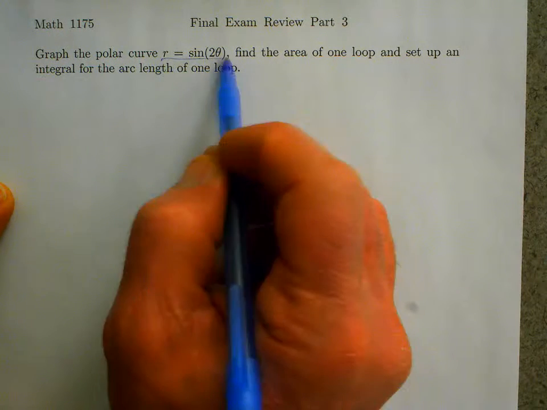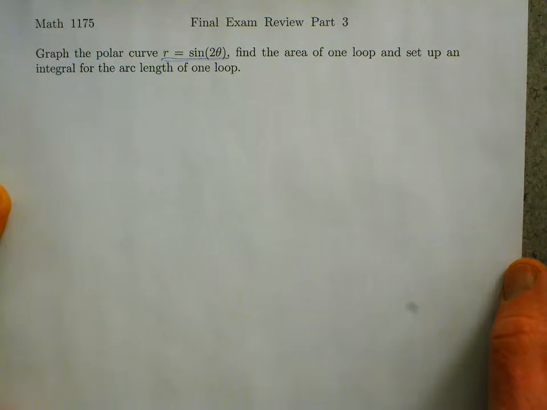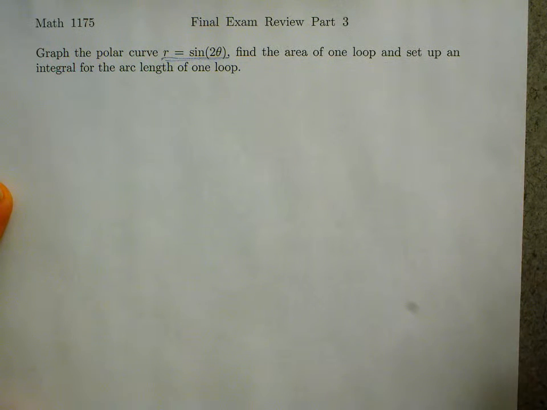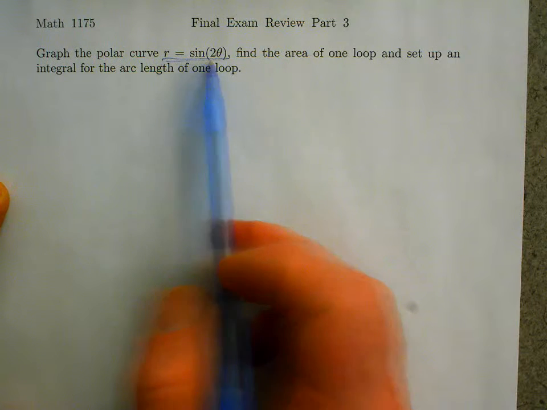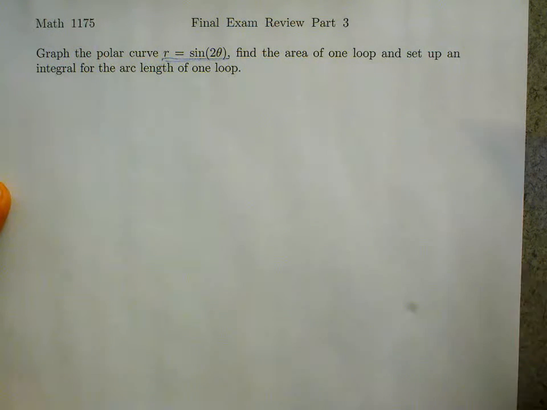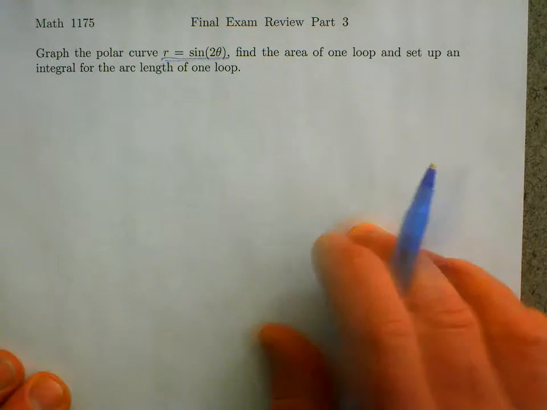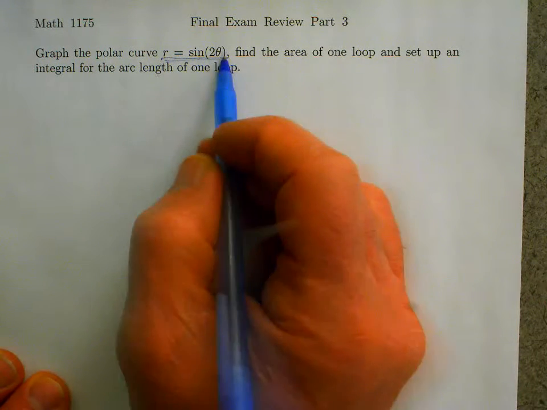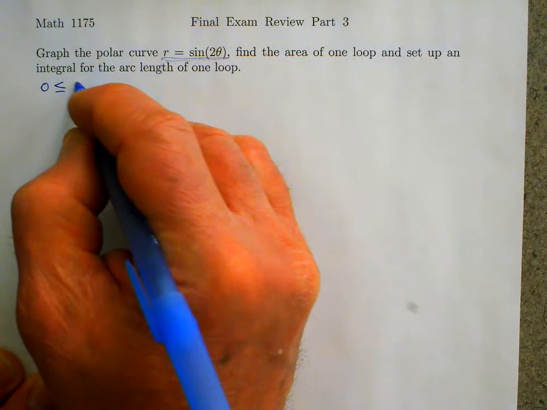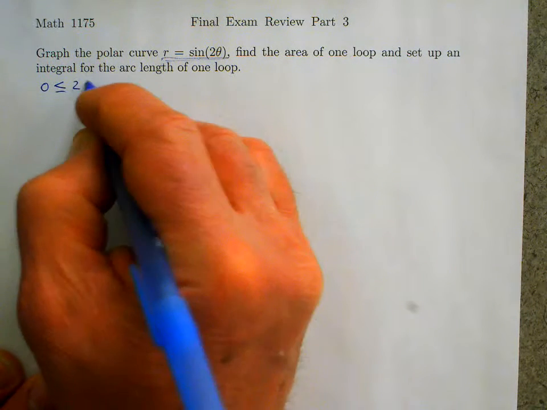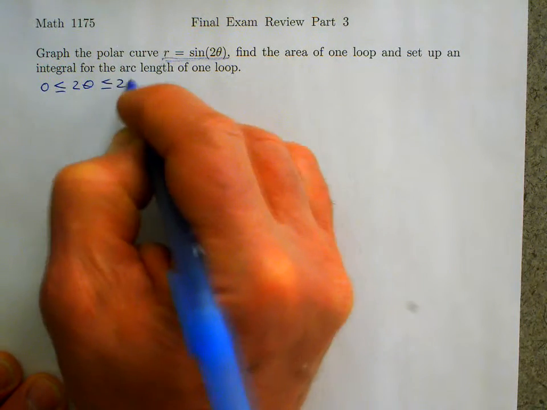So generally what I do is I graph the Cartesian function and then convert that by looking into a polar curve. So r equals sine of 2 theta. So I start out by writing 0 less than or equal to 2 theta is less than or equal to 2 pi.